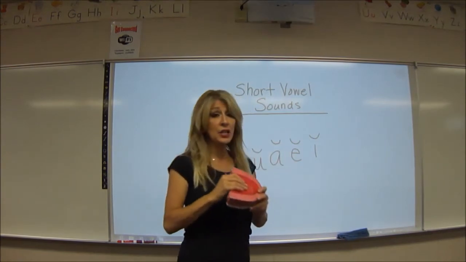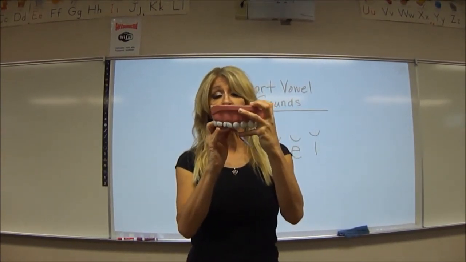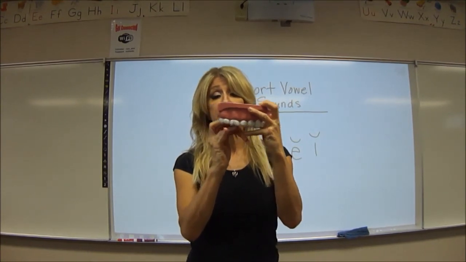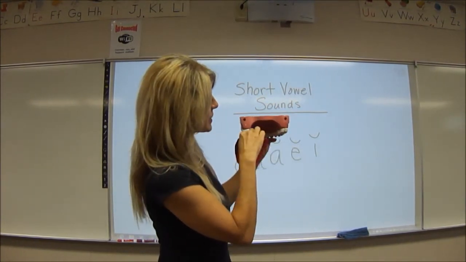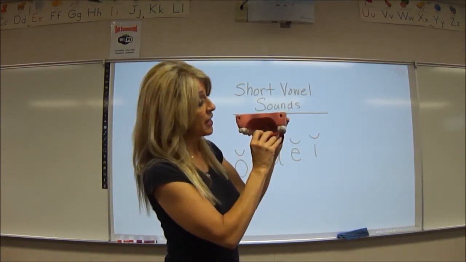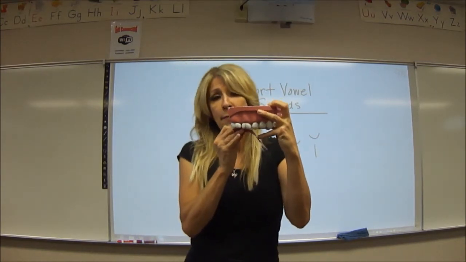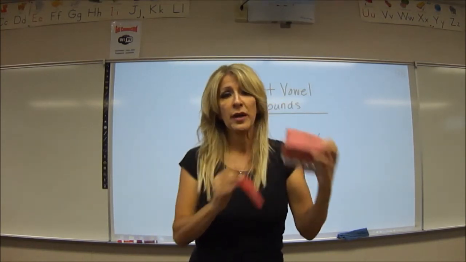As the tongue continues to go up, now for short E, it touches these back two teeth, and it is flat across here. You don't move up into this area. The tongue stays flat, and you just touch maybe one back tooth, maybe two.